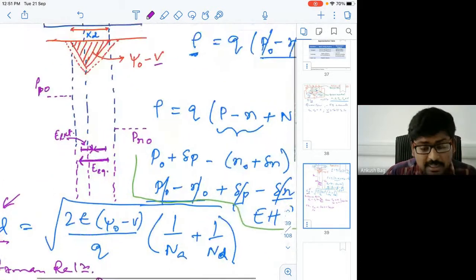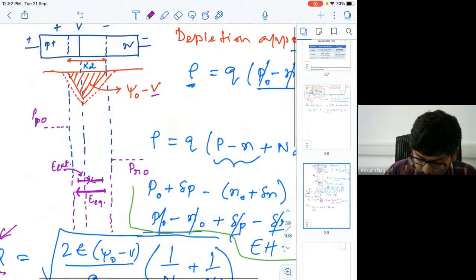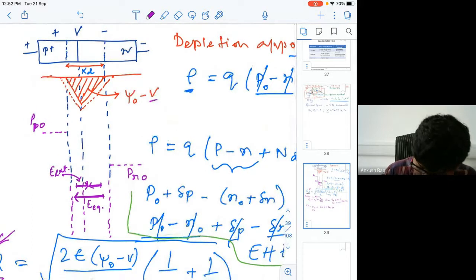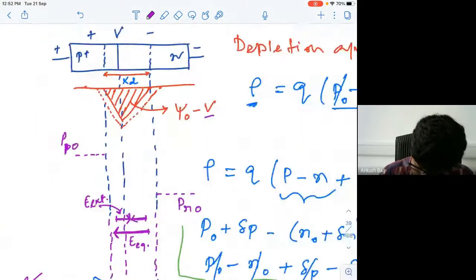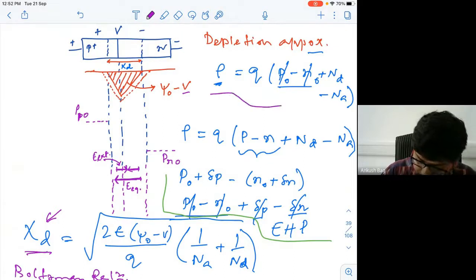And due to this reduction in the built-in potential, there will be reduction in the potential barrier. Again in the band diagram, let's say this was the potential barrier. Again we have shown this electron distribution. So then electrons will go, and electrons will bounce back.